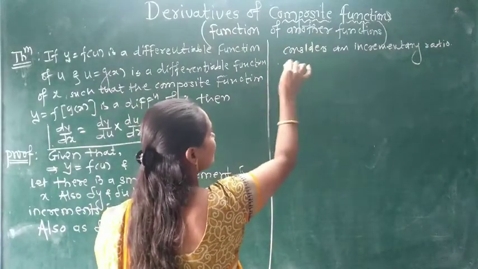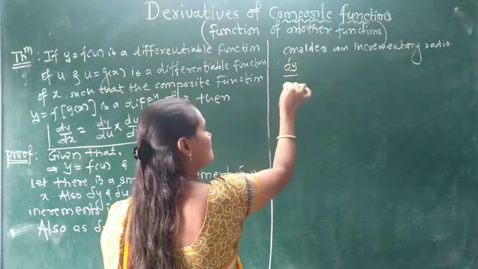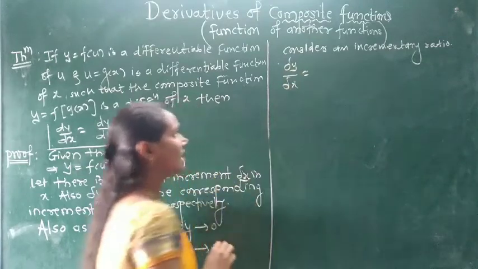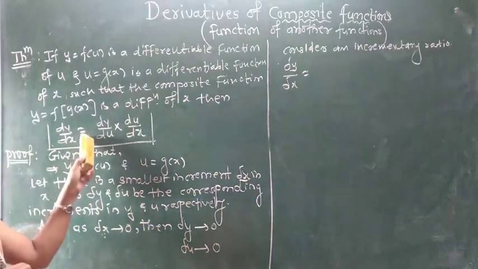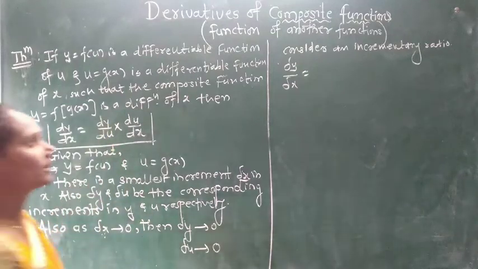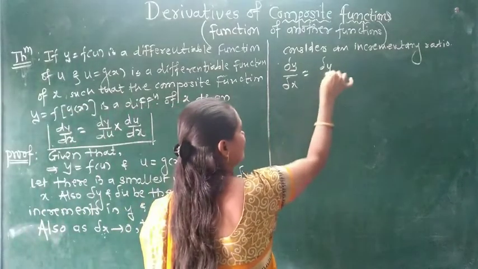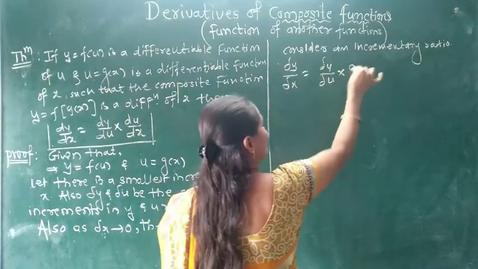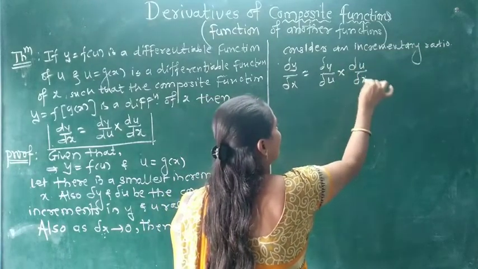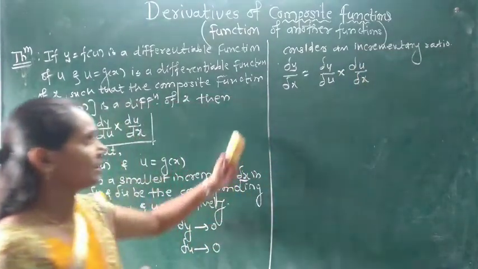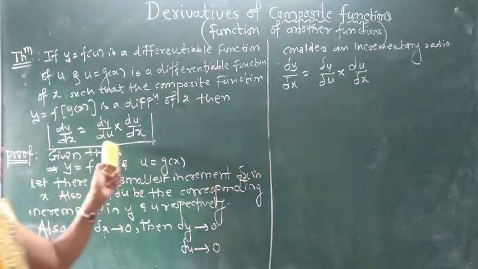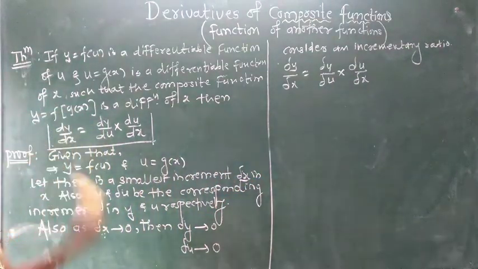So what is the incrementary ratio? That is delta y upon delta x is equal to delta y upon delta u into delta u divided by delta x. We have to prove this in the form of dy upon dx.